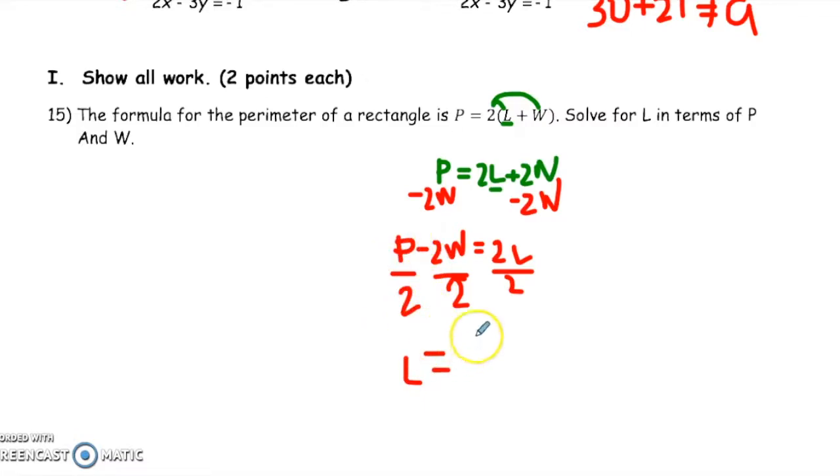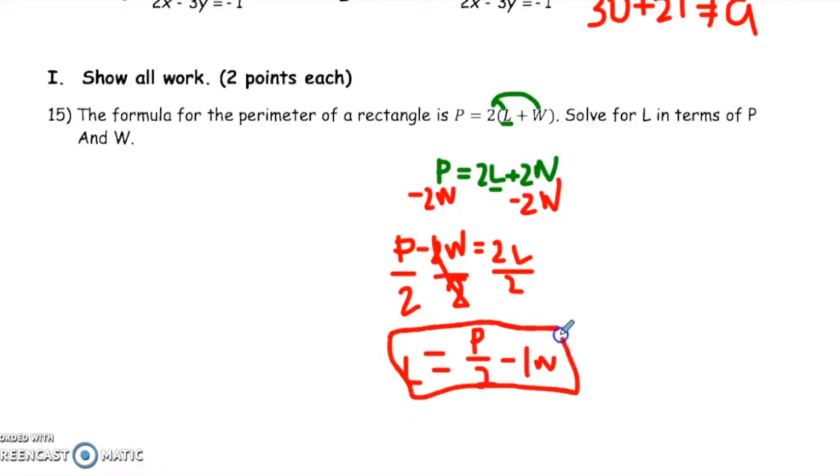This doesn't divide evenly, so P over 2, but the 2's cancel out, so it's going to be minus 1W. Or you could say L is equal to P minus 2W over 2. So either one is good.